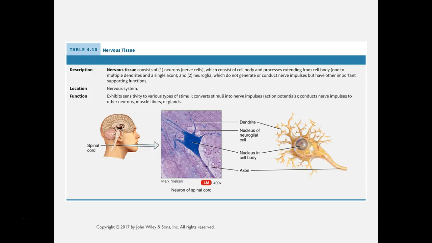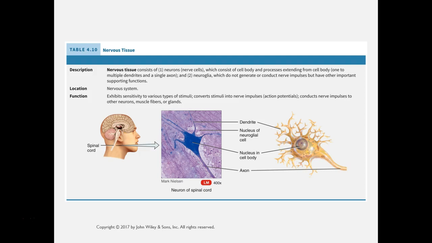But oftentimes when a tumor develops in the brain, it's most commonly found in, or originating from, those neuroglial cells. So what's the location of the nervous tissue? Pretty simple. It's found in the nervous system: the brain, the spinal cord, and the nerves that go from the brain and spinal cord out to the body, and from the body back into the brain and spinal cord.